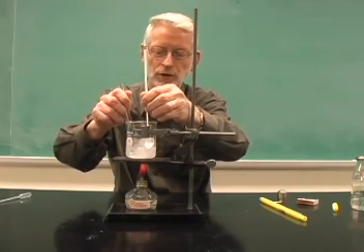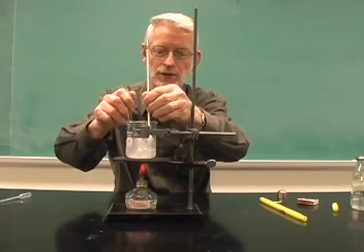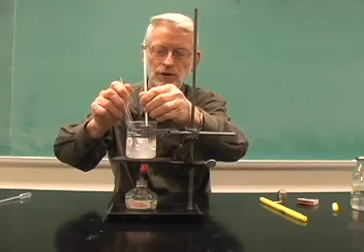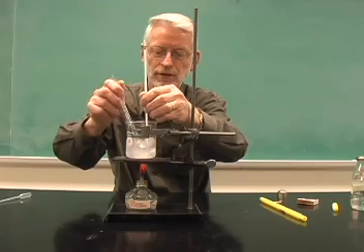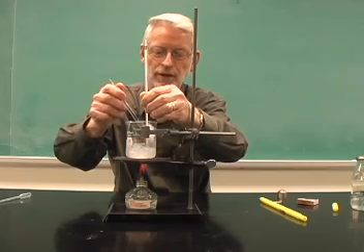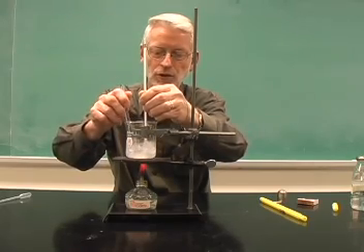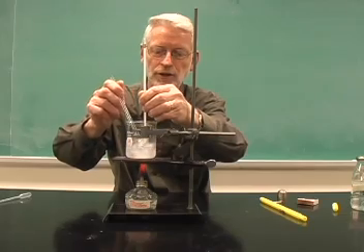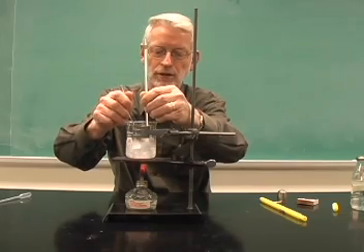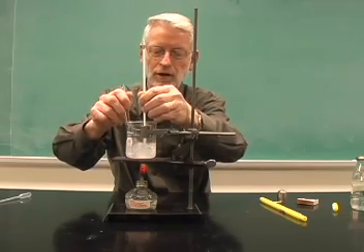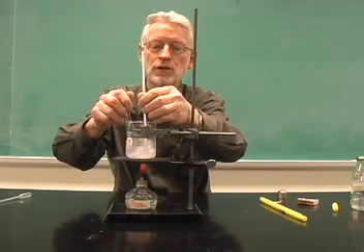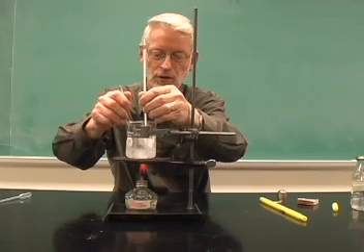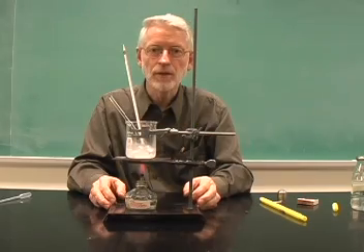They record the temperature, and then every 30 seconds thereafter, they record the temperature again. And you'll find that even though heat is being applied, the temperature will stay at 0 degrees, or very close to that, until all of the ice has melted. The temperature is just above 0 degrees.